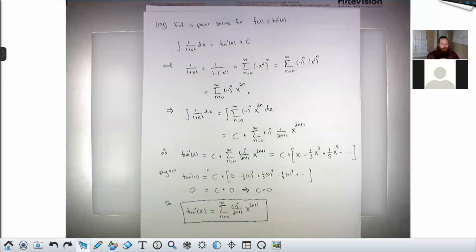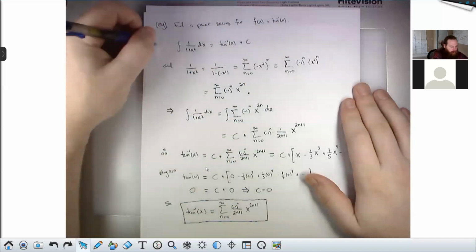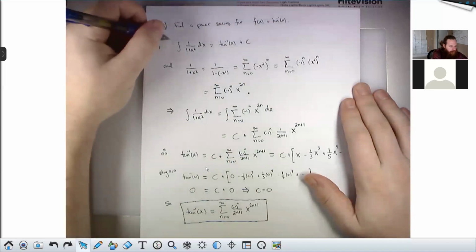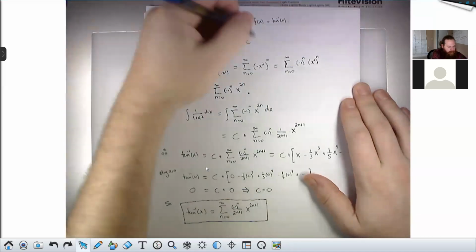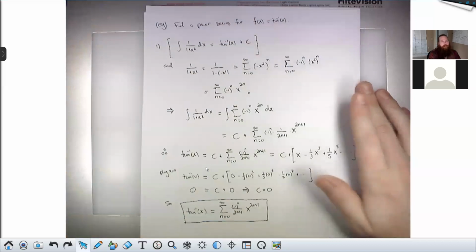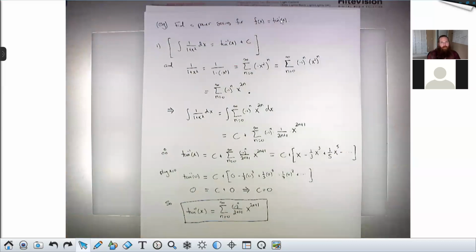So there's kind of 2 steps here, 3 steps here, really. First, I remember that 1 over 1 plus x squared can be integrated to get arctan. So I want arctan. I need some way to get a series for arctan. And if I remember that arctan is the integral of 1 over 1 plus x squared, I go, oh, sweet.